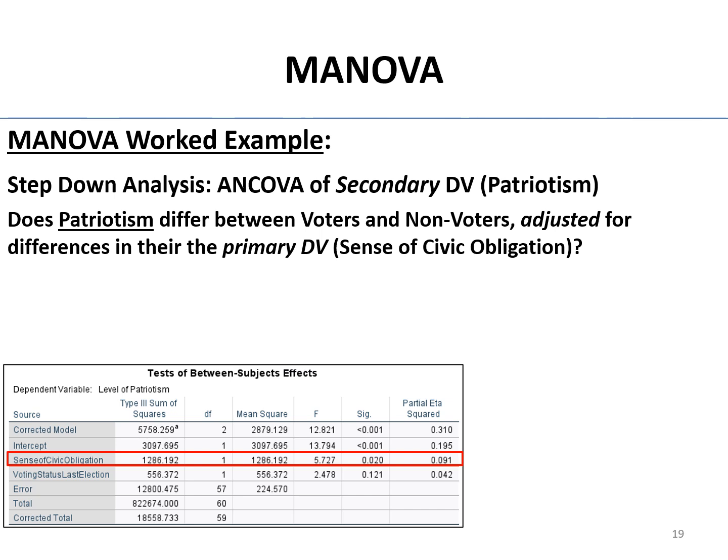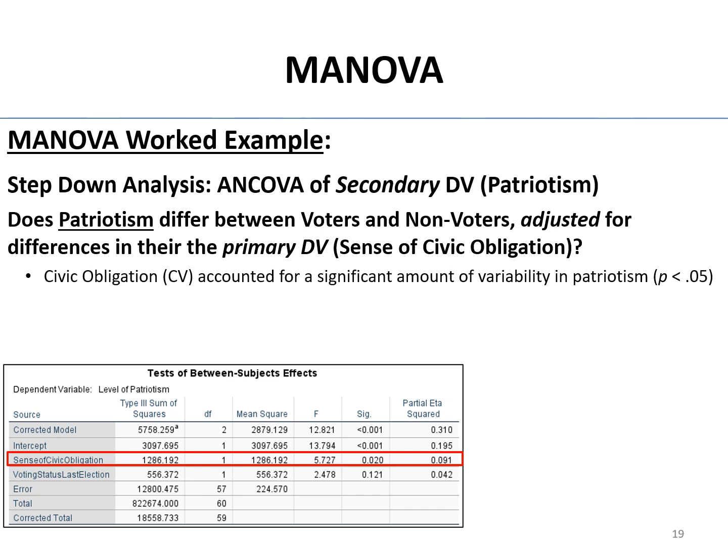So the sig here tells us whether the covariate significantly adjusted the patriotism means, and we use alpha 0.05. And indeed, sig is less than 0.05. That tells us that sense of civic obligation did indeed adjust the patriotism means meaningfully.